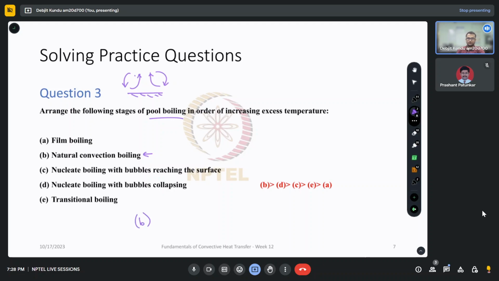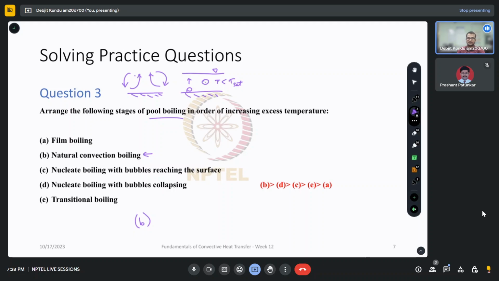Then this moves on to nucleate boiling, in which little bubbles start appearing, but those bubbles cannot reach the free surface on top, because as a bubble goes up, the liquid around it is cooler than the saturation temperature. So if I have a bubble going up like this, its ambient fluid is at a lower temperature than the saturation temperature. What happens is that it condenses the vapor within the bubble, which becomes liquid again.